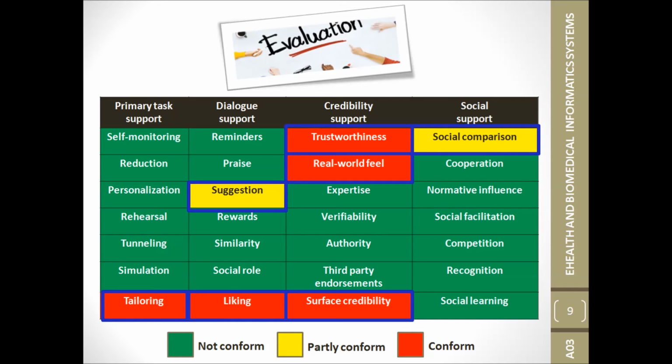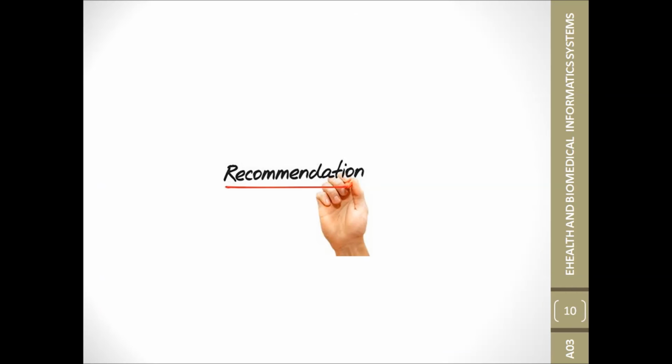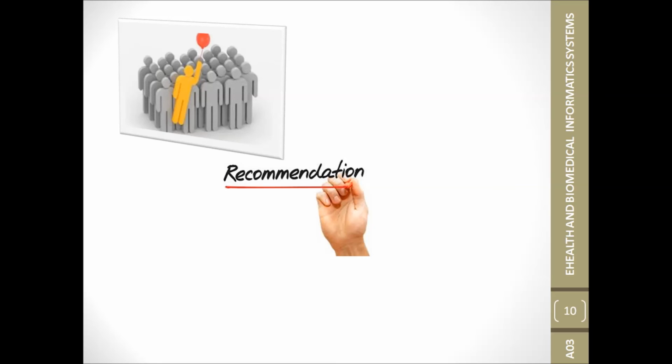Based on this evaluation, we make some recommendations for technology providers, particularly Bupa Healthcare Company and the George Institute for Global Health, to improve FOODSWITCH from a persuasive system design perspective. Firstly, FOODSWITCH needs more primary task support, especially the personalization feature.